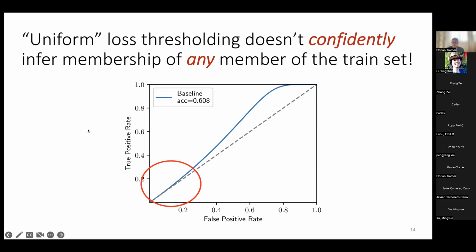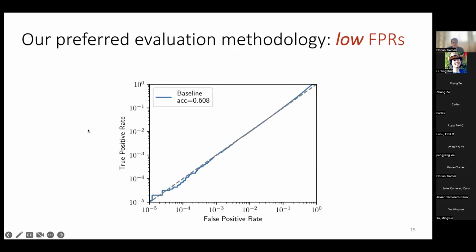A better way to visualize this is to plot the ROC curve in a log-log scale. So here it's the same thing as before, just we've switched the axes to be on a log scale. And here we see that as soon as we think about low false positive rates, the attack really does no better than random guessing.